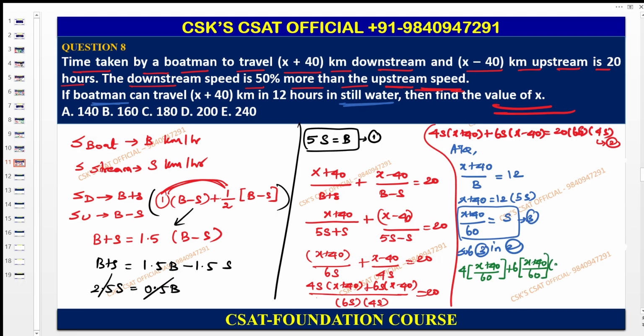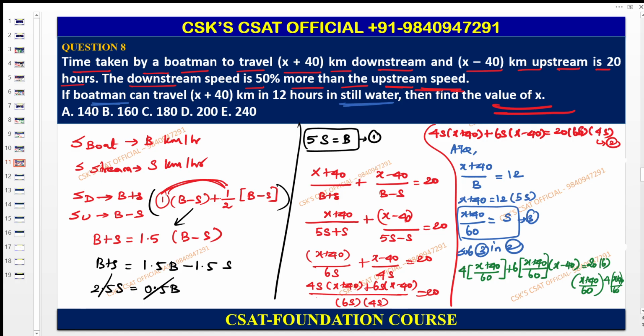Speed here is nothing but the speed of the boat, because they are giving you still water boat only, okay? So which is equal to b. You know the value of b. So x plus 40 is equal to 12 into the value of b, which is nothing but 5s. So now you can keep it as it is.